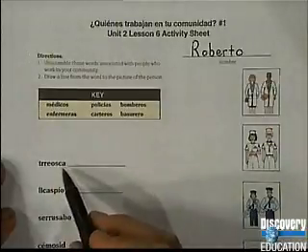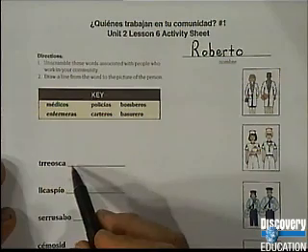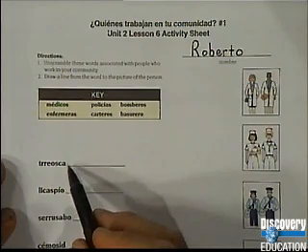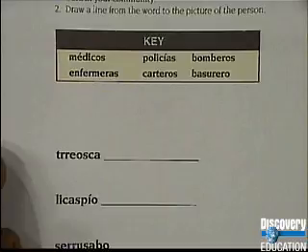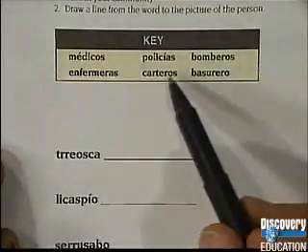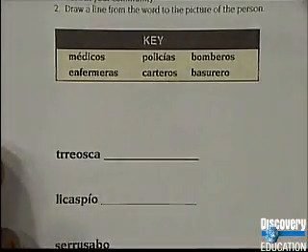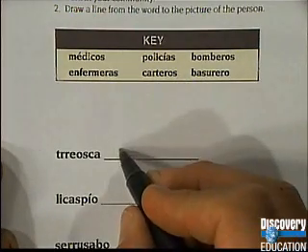Well, let's look at this first one. Can anybody guess what that first word is? Do you think you know? It's one of these words up here. I'm going to give you a hint. I think it's carteros.